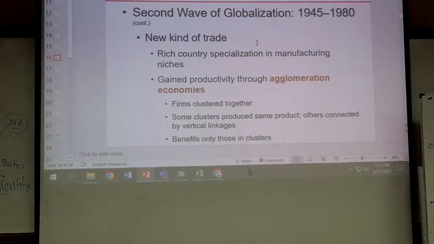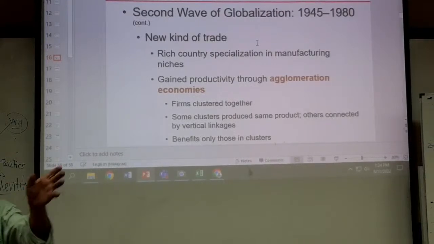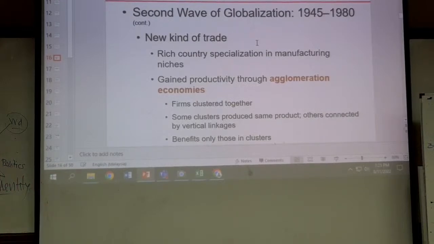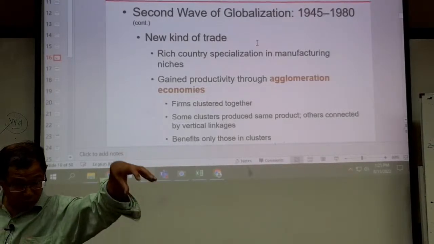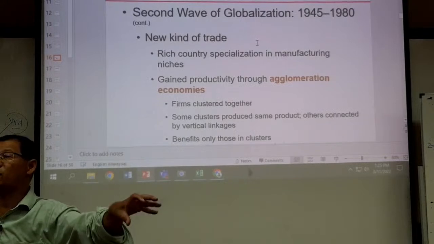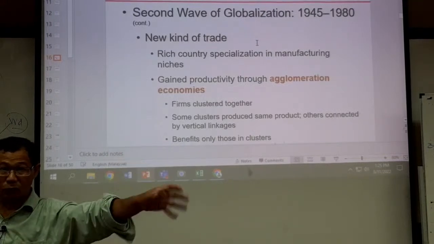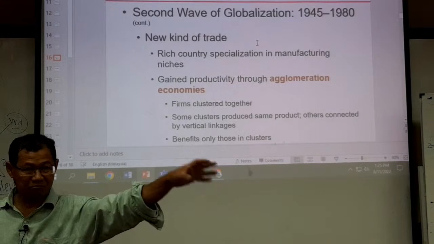Second wave, new kind of trade. Rich countries specialize in manufacturing certain niches in technology, gaining productivity through agglomeration economics. What is agglomeration? Centering in one location. If it is automobile, they are in Shah Alam.